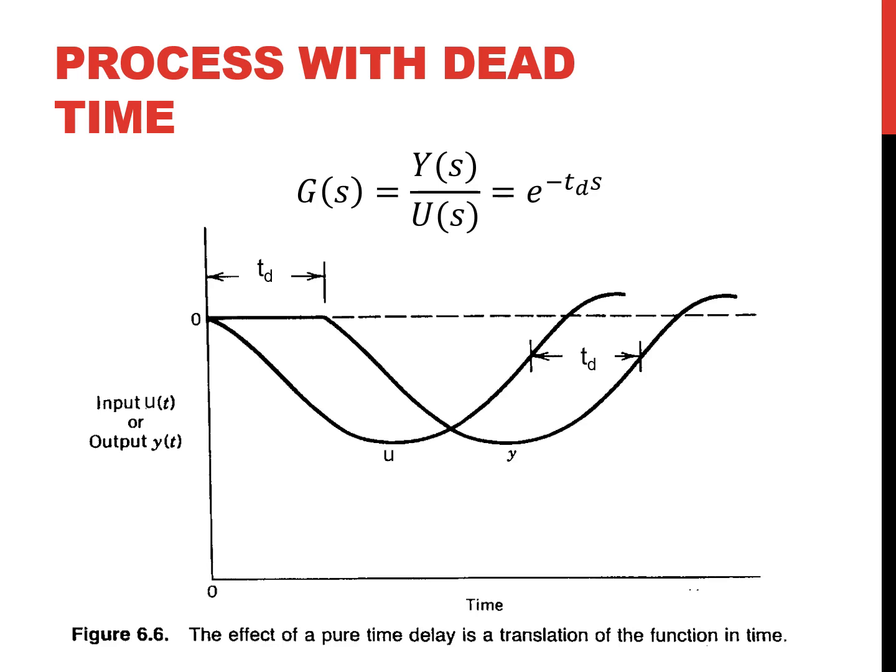It depends on how long your time delay is. If you have the time delay equal to 2 seconds, then your process starts after 2 seconds. Although your input already starts at time equal to 0, due to the time delay, your response can be read after 2 seconds. So this is known as the process with the dead time.